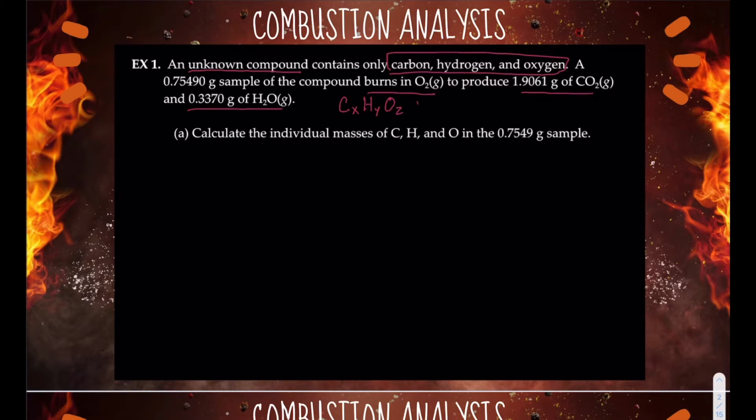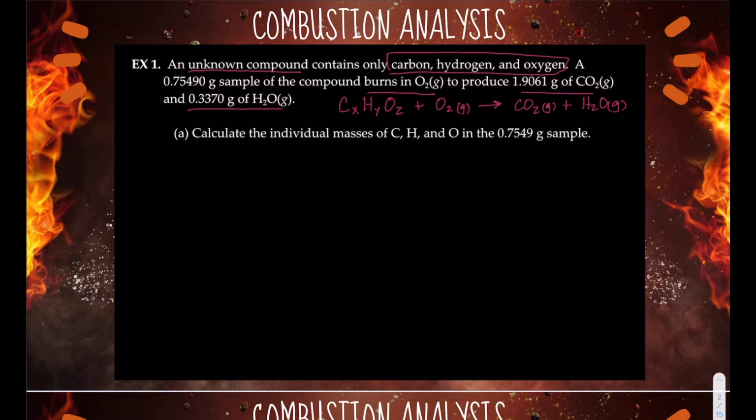This unknown compound reacts with oxygen gas, that's what the G stands for, to produce some amount of carbon dioxide, 1.9061 grams in this case, which is also in the form of a gas, plus water in the form of vapor. So that would also be a gas.